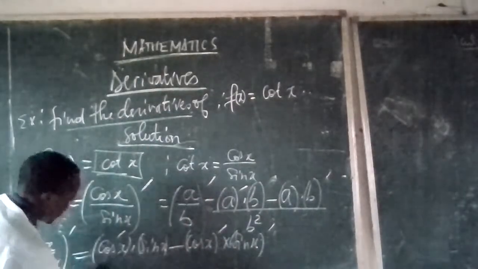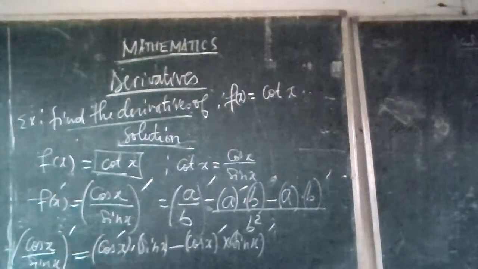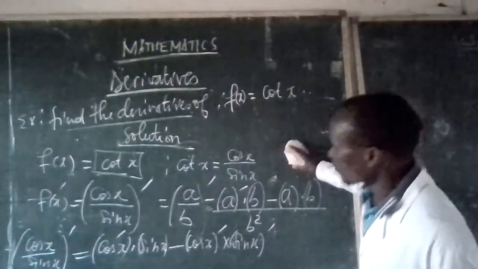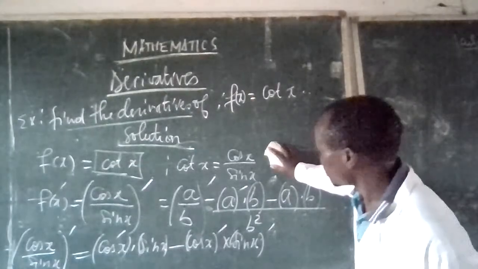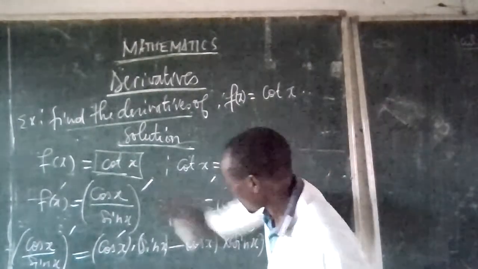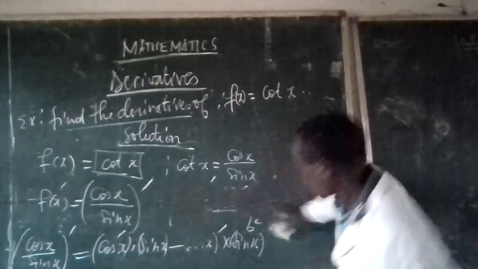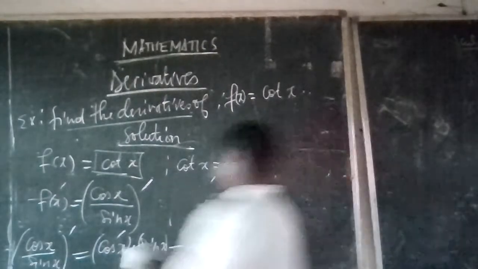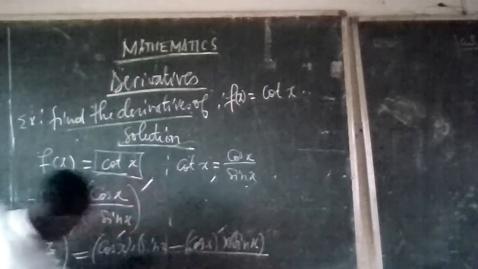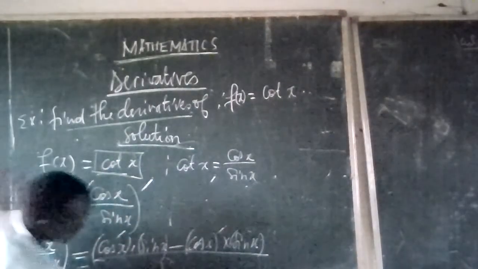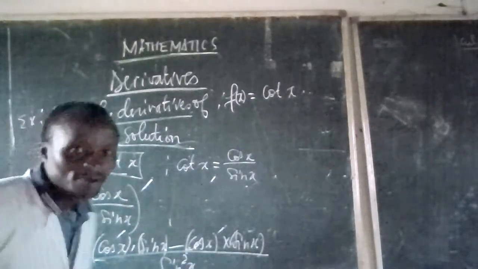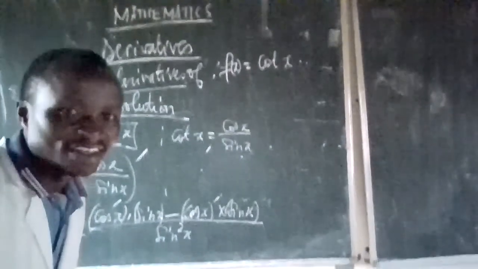Let us use brackets. Now finally, remember, here you have to divide by sine square x.